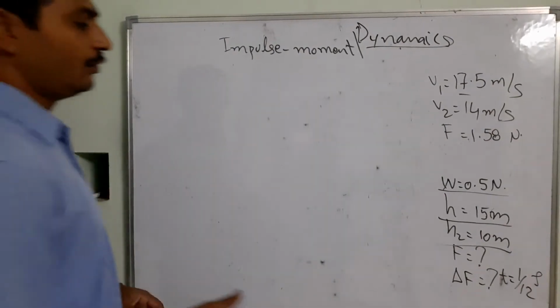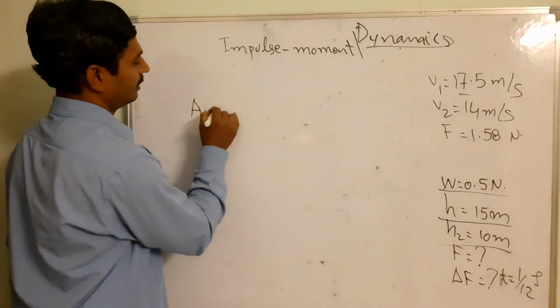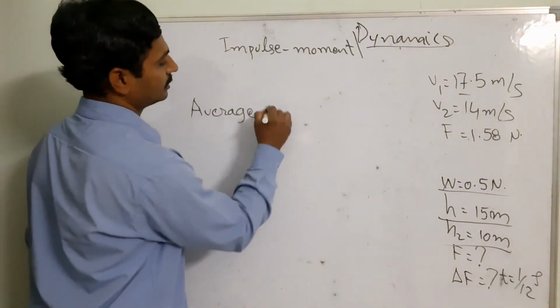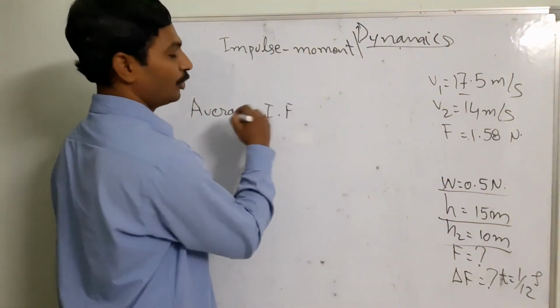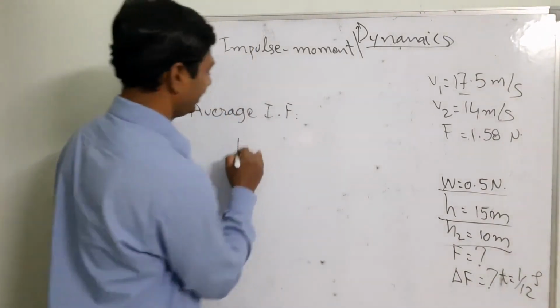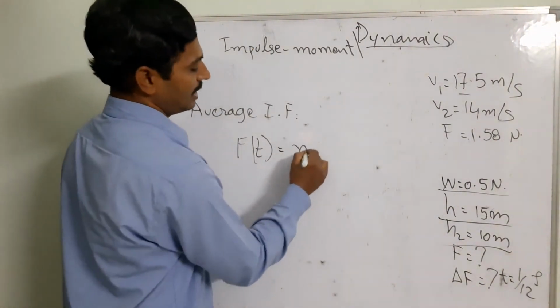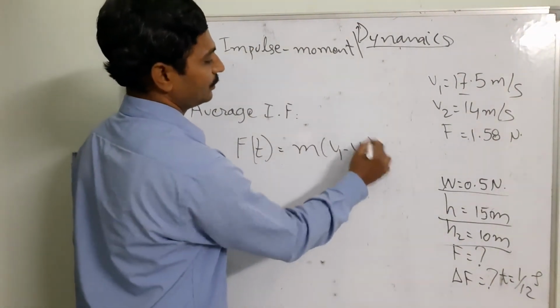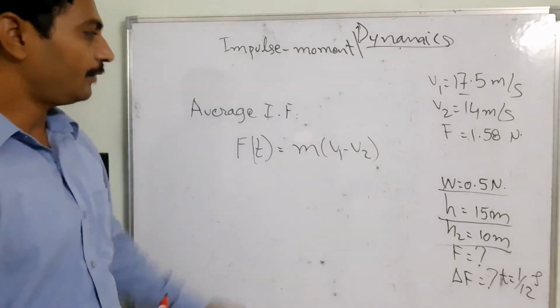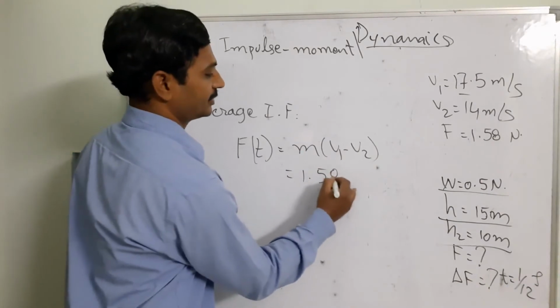So now we need to find the average impulse force. I am going to say IF is your impulse force. I am writing the equation F into t, that is going to be your mass into V1 minus V2. Right? We already have that formula. So that is equal to 1.58.